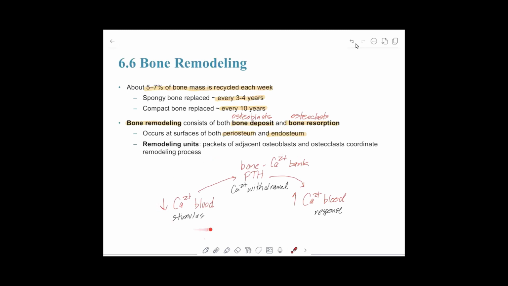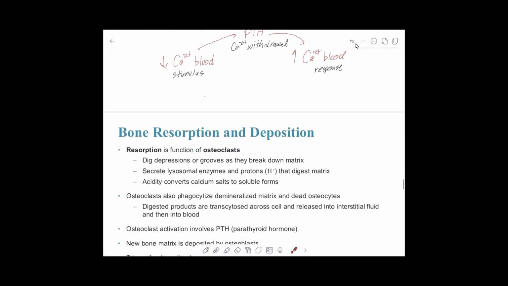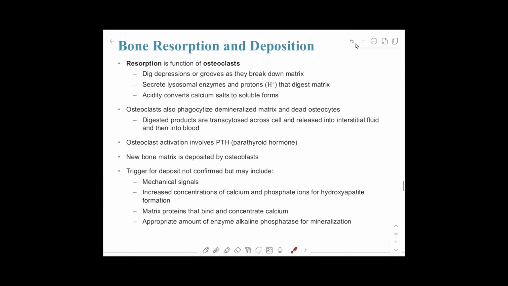And again, this basically is a real summary of what's going to occur here. So resorption is the function of osteoclasts. It converts the calcium salts into soluble forms so that it can go into the blood. If it was still in a calcium salt form, it could not be in the blood.